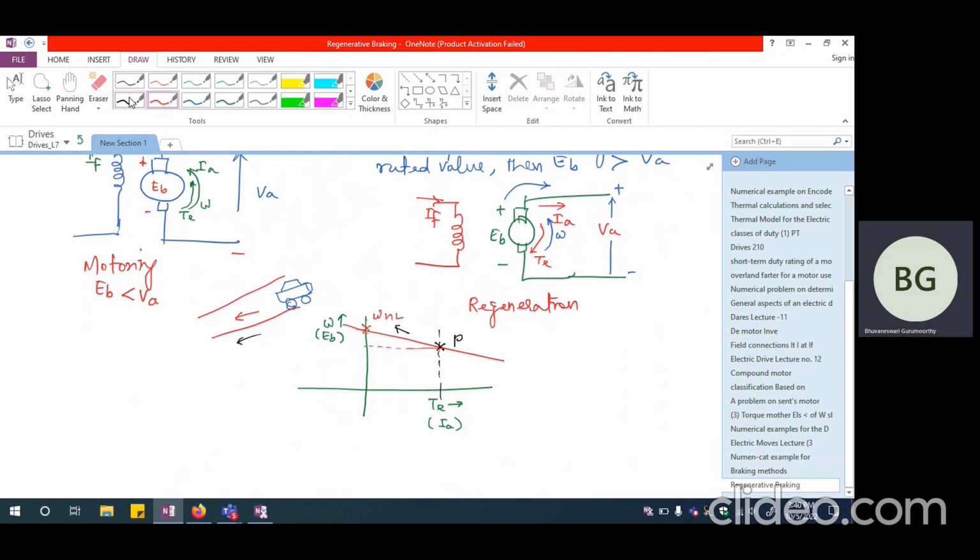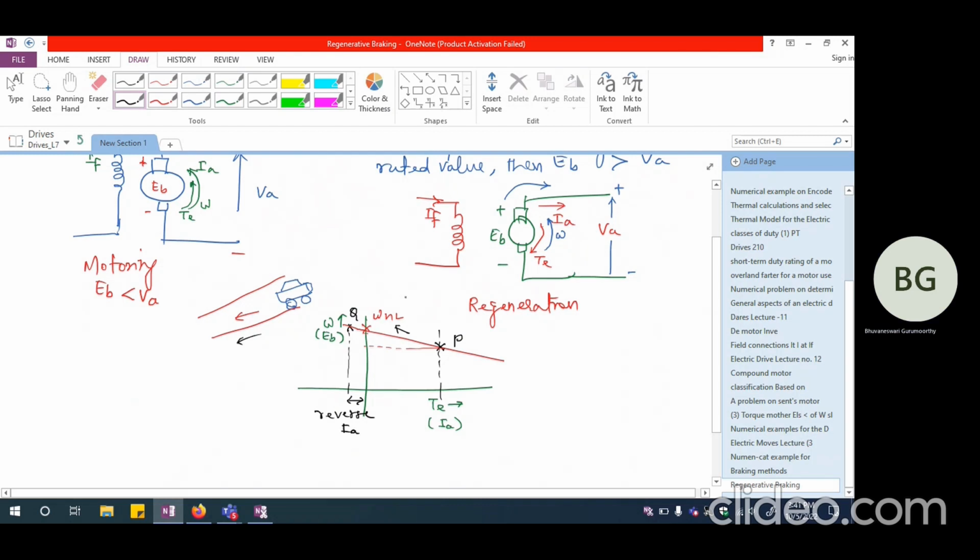So if the speed becomes greater than the no load speed, this is going to be the operating point. So this is Q. Under this condition, you can see that both the torque and armature currents are going to be in the reverse direction. So this is reverse IA as well as reverse torque.